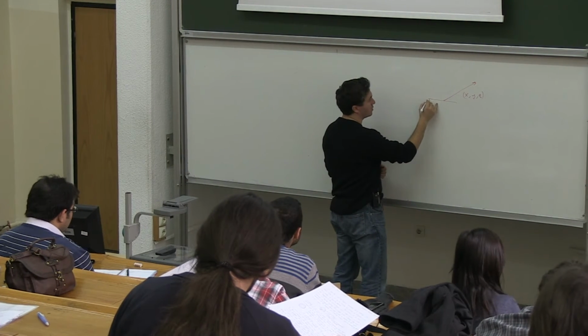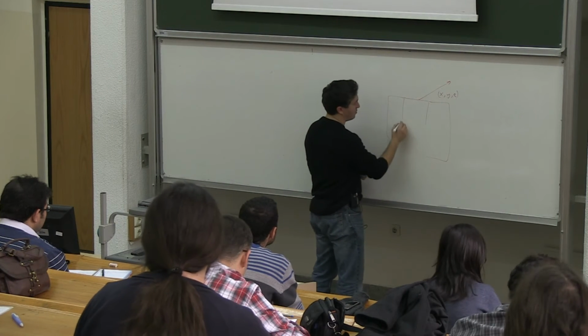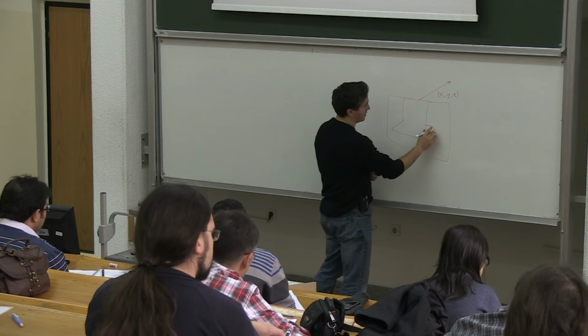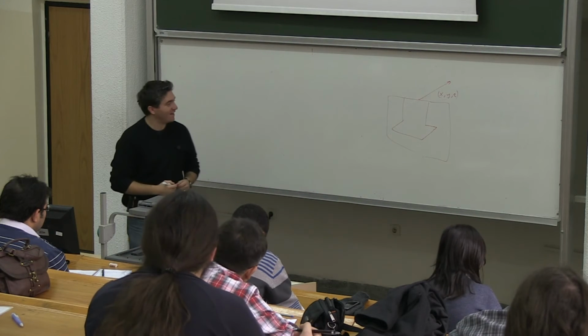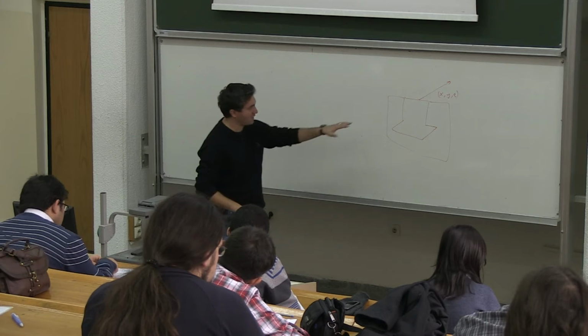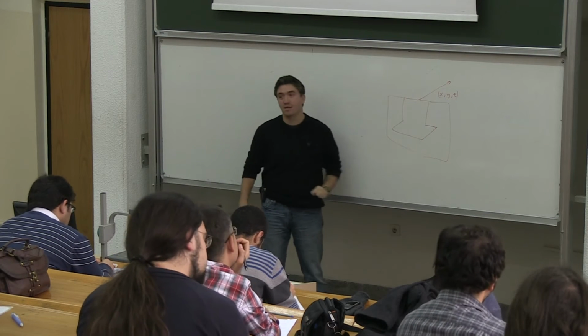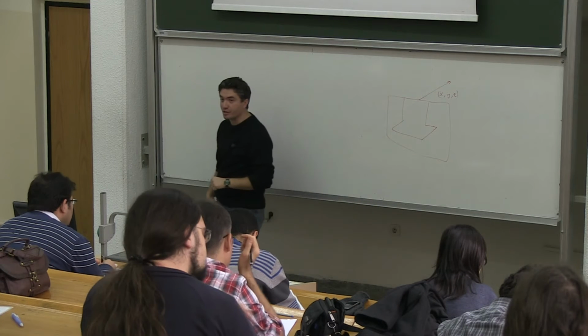So this is our mold, and our mold has some object in it. It may be infeasible to get it out. Our goal is to find a direction to pull this object out of this mold by a single translation.